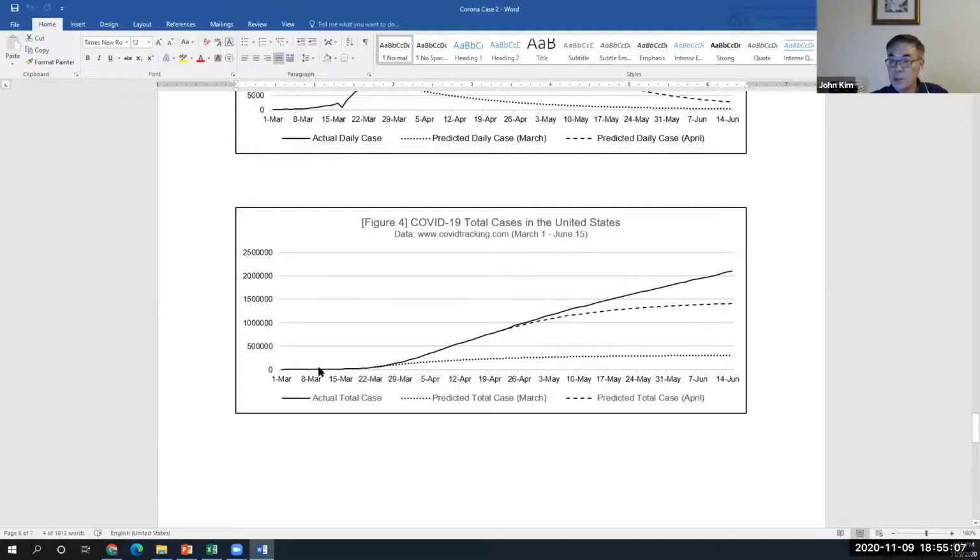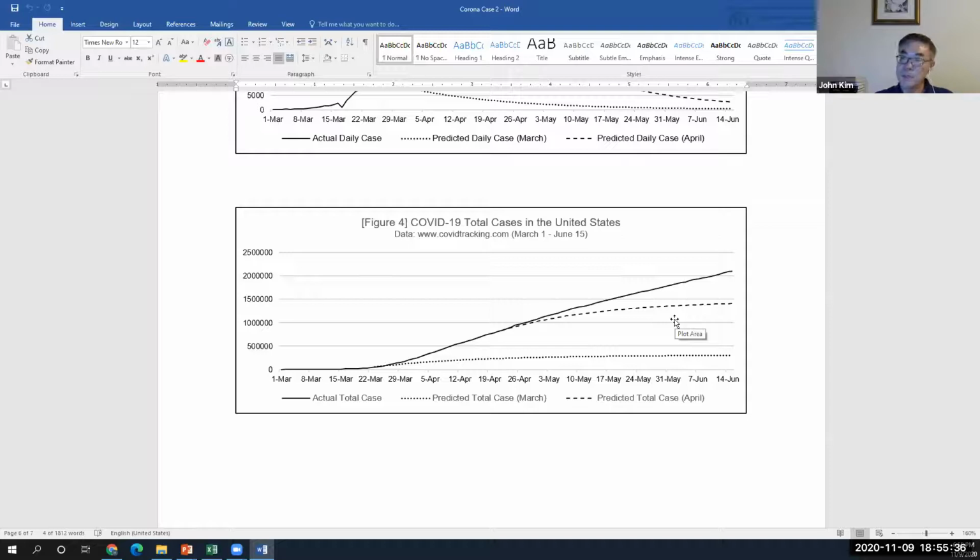Up to June 15, we used data from March 1st to June 15. This one was not straight. So when it is not straight, just curve linear, then we use log linear.